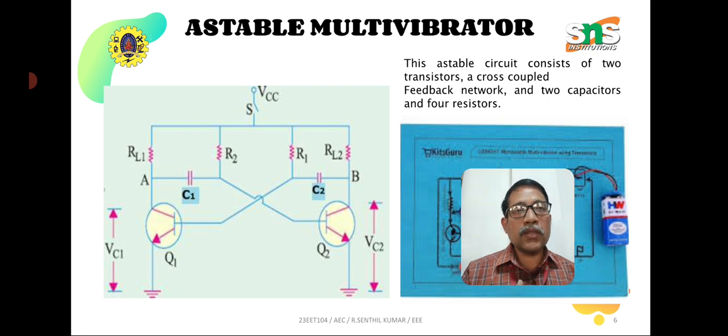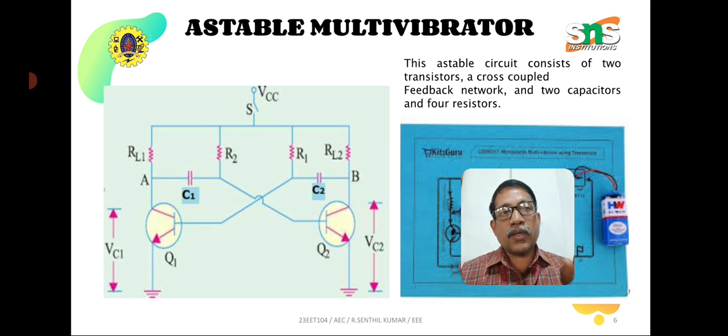The purpose of the capacitor is to store energy and to discharge energy, and the timing of the storing is nothing but the on time or the off time of a transistor.